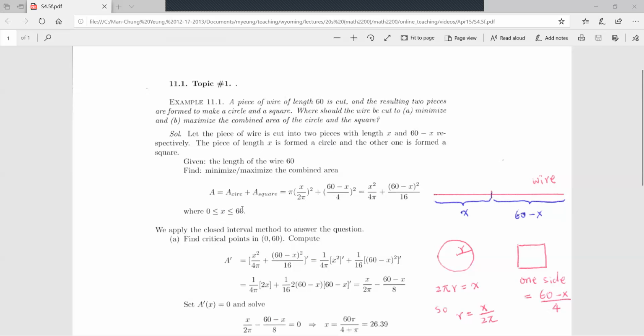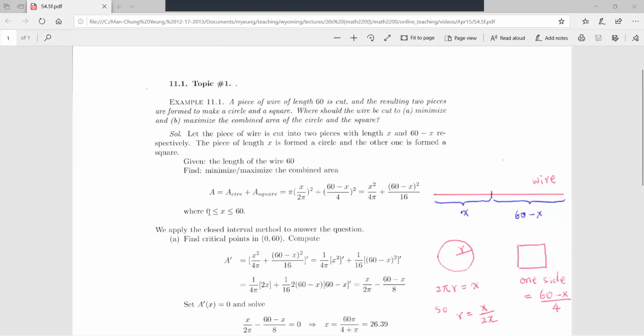So the value of x is between 0 and 60. The question is how to choose x between 0 and 60 so that A is minimized or A is maximized. This is the question.